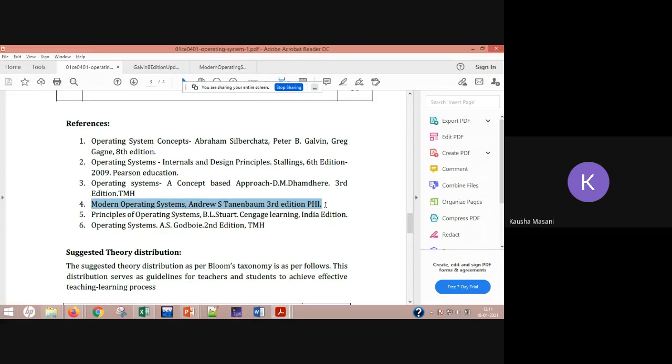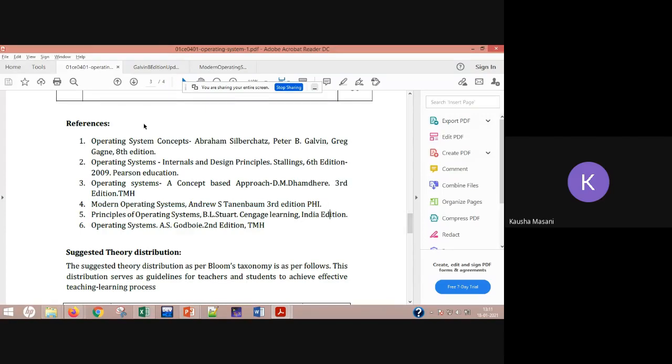Number 1 and number 4, you can take a screenshot of this. Actually, there are these 6 books and you are free to use any of them. But according to me, the most apt ones are Galvin, that is number 1, and Modern Operating Systems by Andrew Tanenbaum, that is number 4.